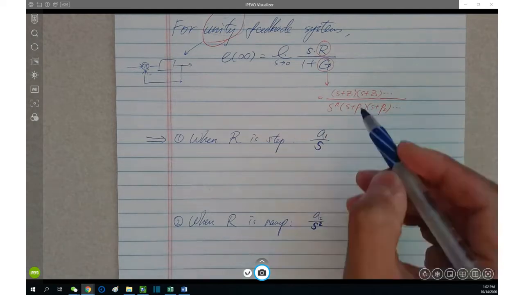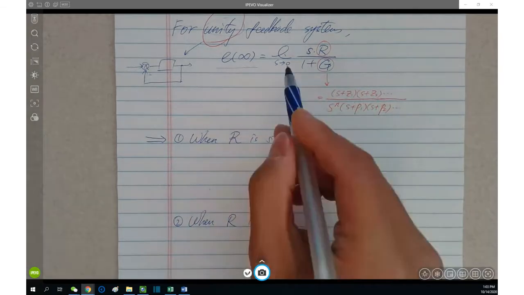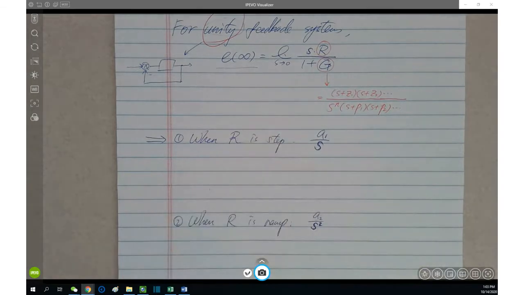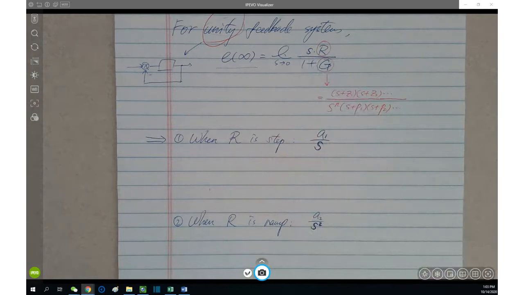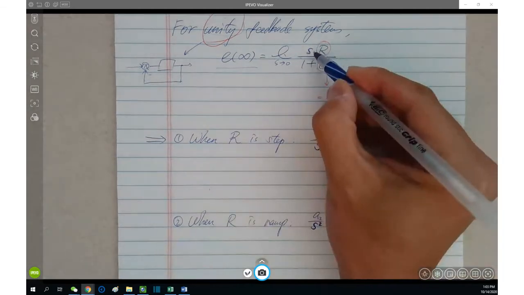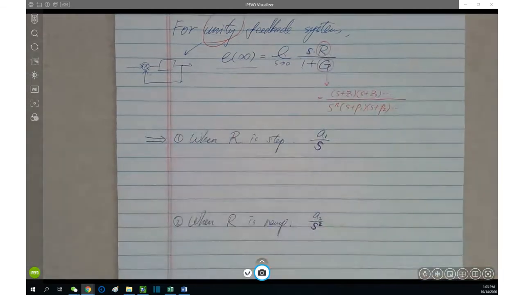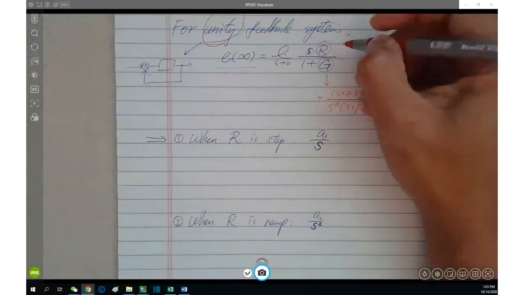And the derived steady state error in the time domain, as you know, equals the limit as s approaches 0 of an s domain division. In the numerator, we have s itself times R. Who is R?